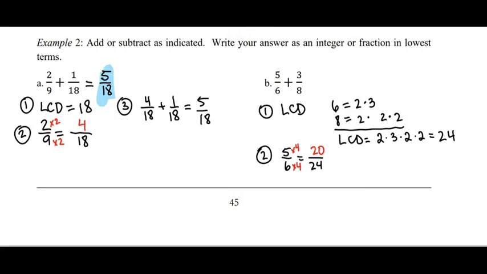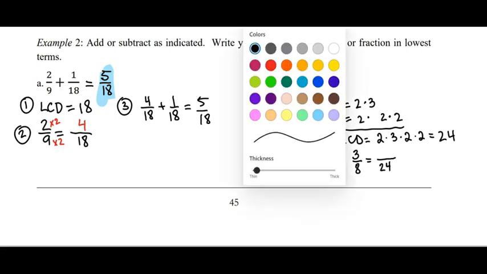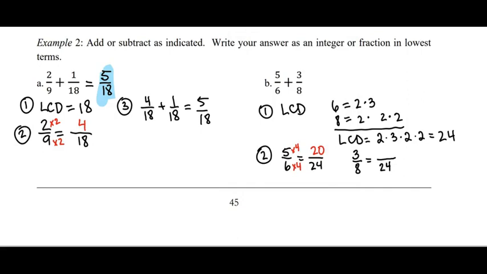I'm going to do the same to 3/8. Now the new denominator is 24. So 8 times 3 would give me 24. So I need to multiply 3 times 3. Remember, this has to be the same number for the numerator and denominator, but it's not the same as for the first fraction.